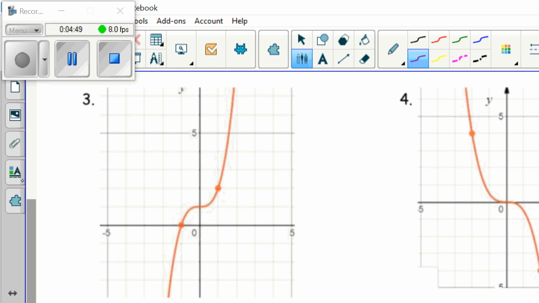Looking at number 3, this is the point for our reference, 1, 2. This is the point negative 1, 0. I can tell that it's not going to have y-axis symmetry, so I know it's not even, so I need to check for odd. If I take the point 1, 2 and rotate it 180 degrees, that is not down here on this graph, so this is neither.